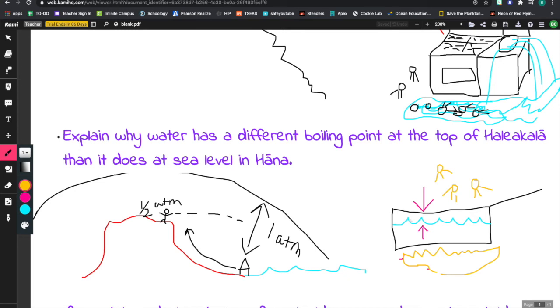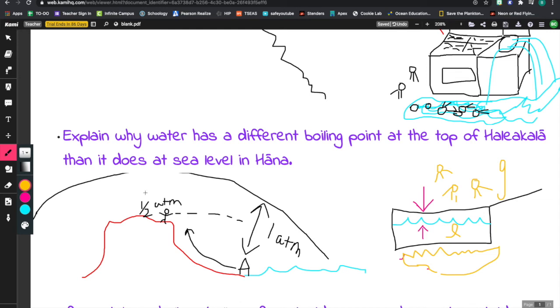Well, your water is going to boil so much faster because you're at a higher altitude. Okay, you have less pressure that your water has to essentially combat to get from the liquid phase here to the gas phase here. All right. So if I ask you this on the quiz again, I just want you to know about this atmospheric pressure. Not anything too much more about that.